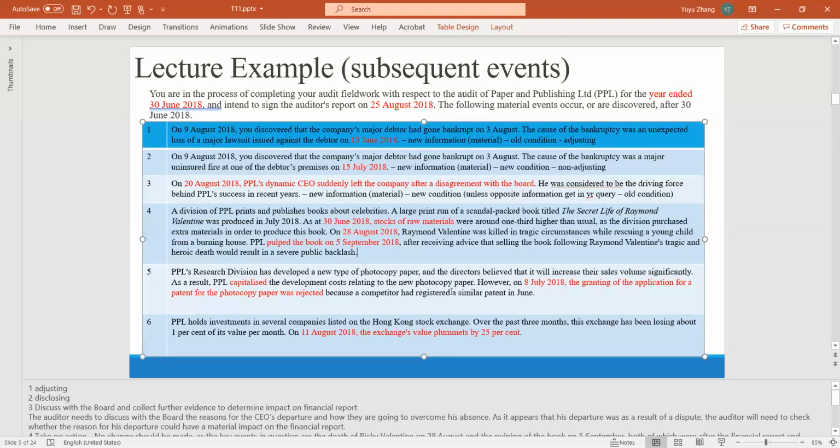So the company pulled the book on 5th of September after receiving advice that selling a book about Raymond's tragic and heroic death would result in a severe public backlash.